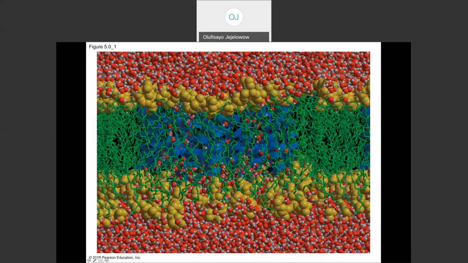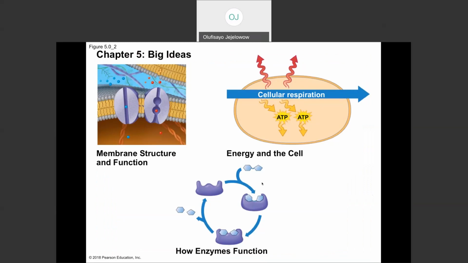They can move around in the fluid bilayer, with its oily fatty acid parts, and this allows the cell membrane to be very dynamic and functional. So in this chapter, the big ideas are membrane structure and function. Remember, the entire theme in biological systems is that the structure enhances or determines the function of an organelle, a cell, or a system.